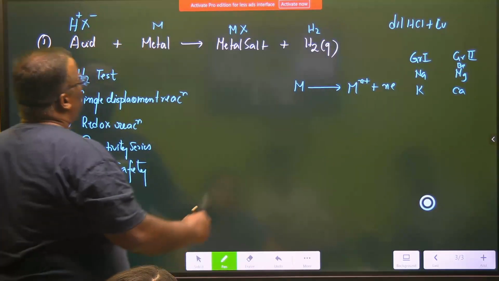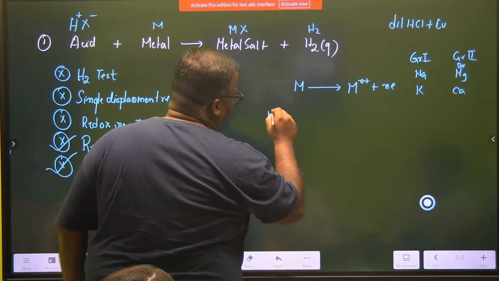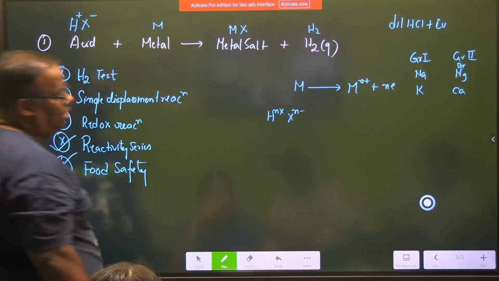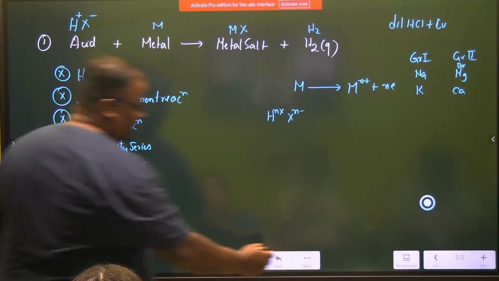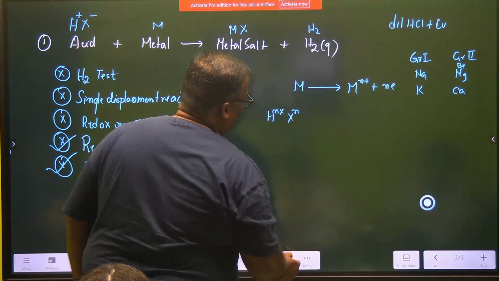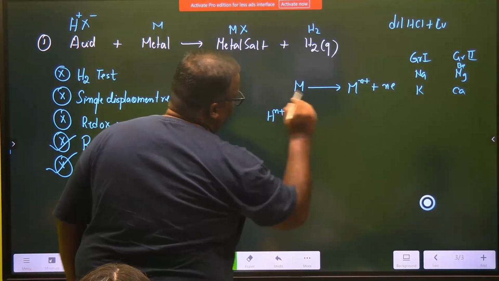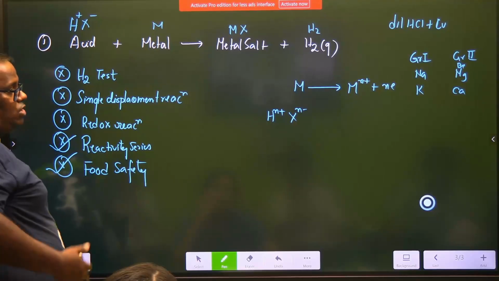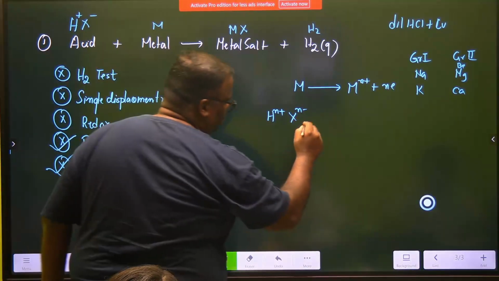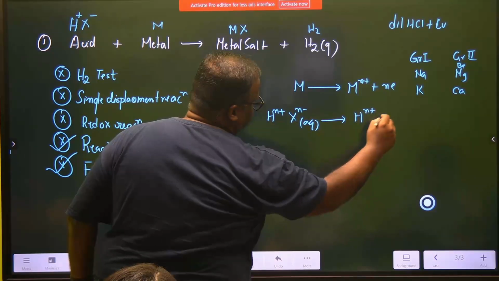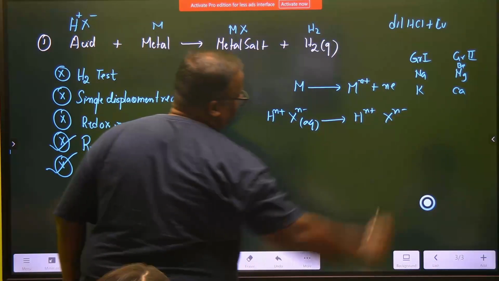Fine. So we will have n positive and n negative charges here. What did I write? I should have written positive. The acid can have n positive, then here it will be n negative. Once you allow the acid's aqueous solution to get into action, it will release n H+ ions and X n- ions.